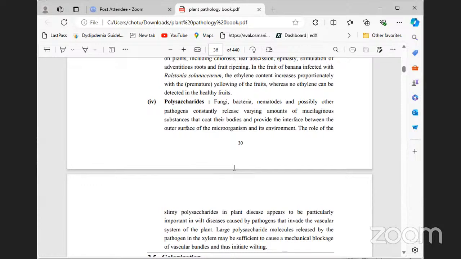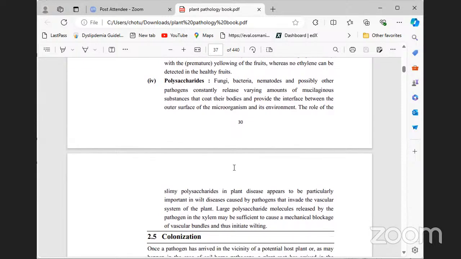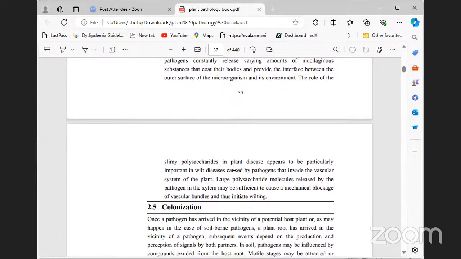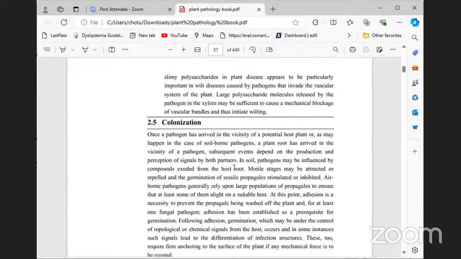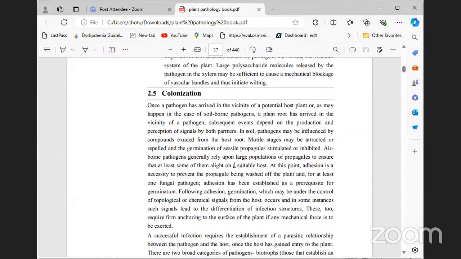Large polysaccharide molecules released by the pathogen in the xylem may be sufficient to cause a mechanical blockage of vascular bundles and initiate wilting.